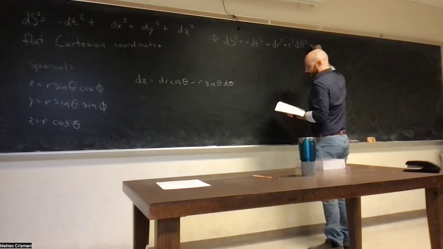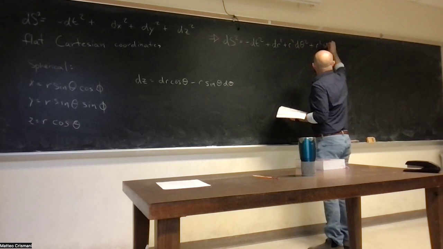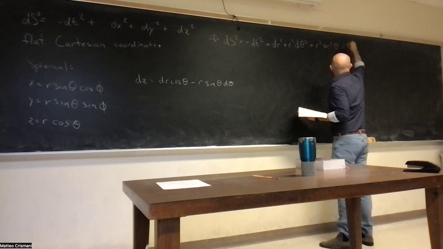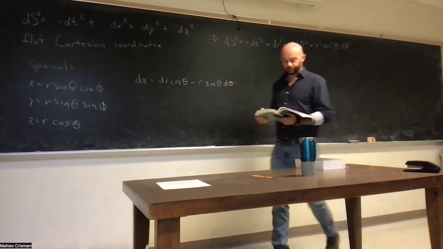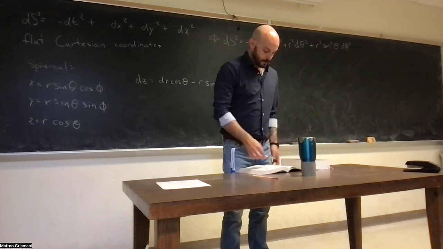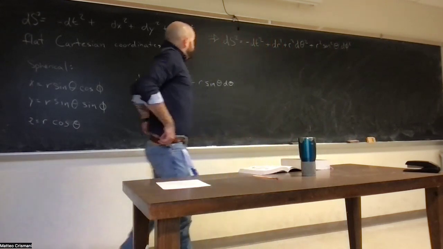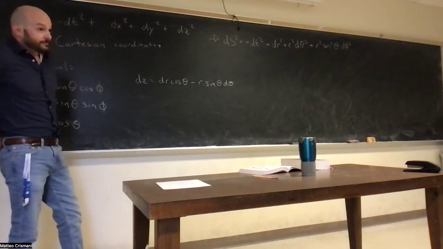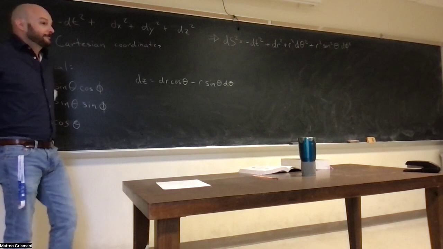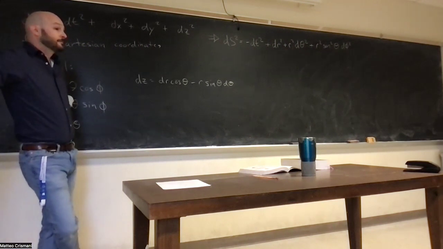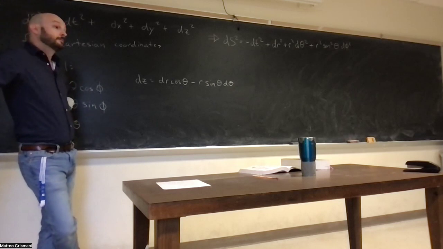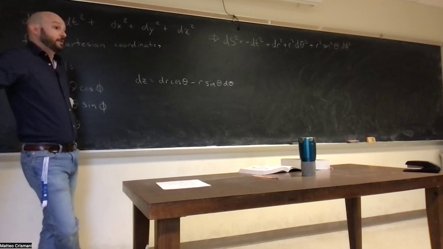And then we're gonna have r squared sine squared theta d phi. Looks weird, right? You tell me. Does it look weird? No, doesn't look weird to you at all, right?